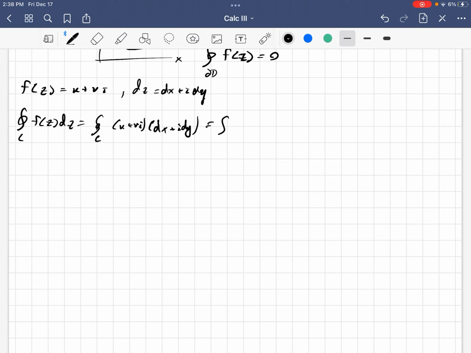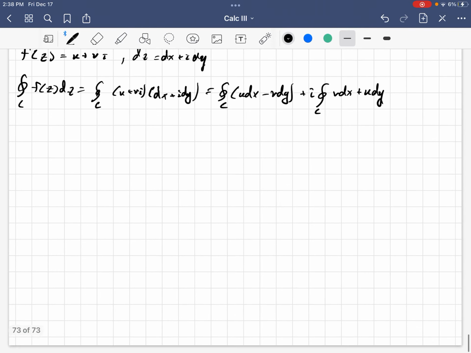That's equal to the contour integral over C of u dx minus v dy, plus i times the contour integral over C of v dx plus u dy. And that's just foiling out from the algebra there.